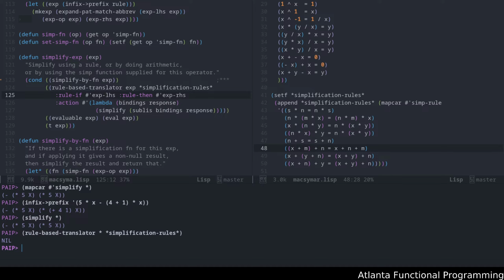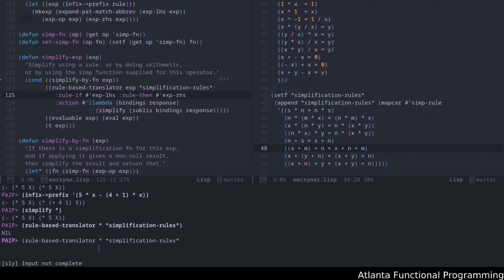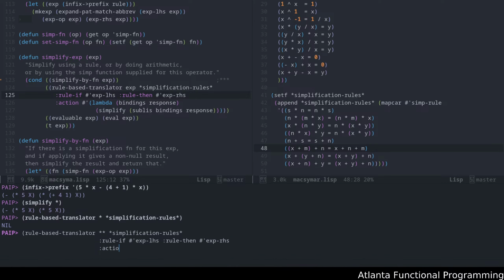Okay, so we're going to have to actually say rule if EXPLHS because it is an expression. Oh crap. One second, I'm going to have to say star star because I just lost it in the previous history. Okay. Rule then RHS, and then we have our action, which is going to be just like before.